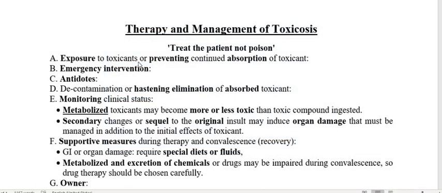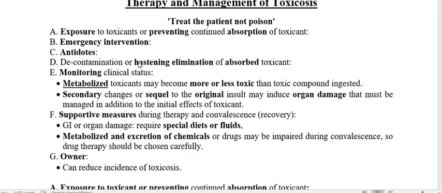So when any animal takes poison, first the poison will reach the gastrointestinal tract. In this, we have to remove the toxicant present in the gastrointestinal tract, stomach or colon.